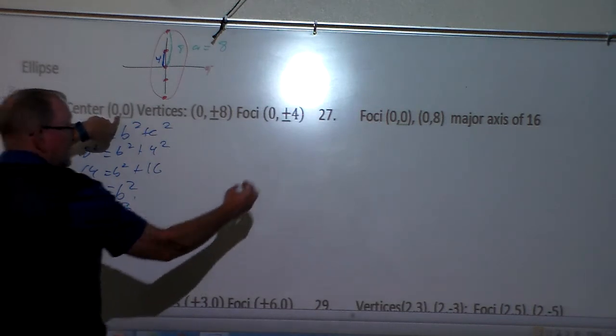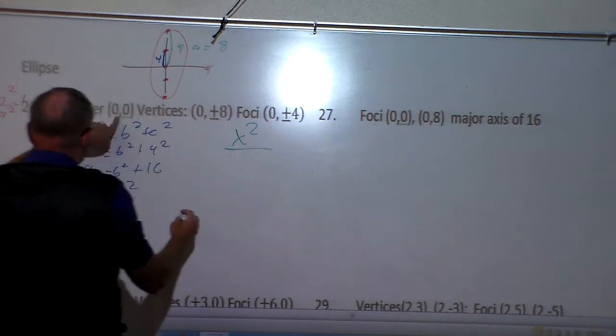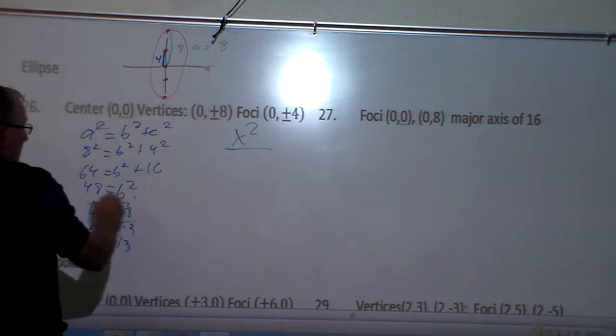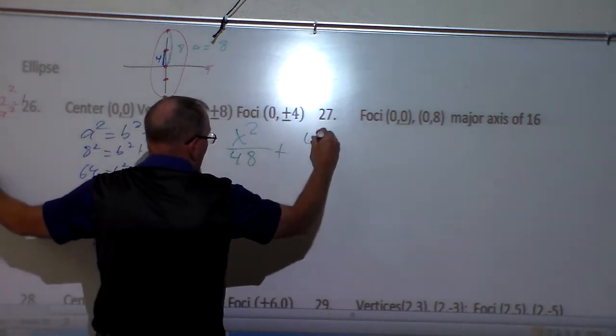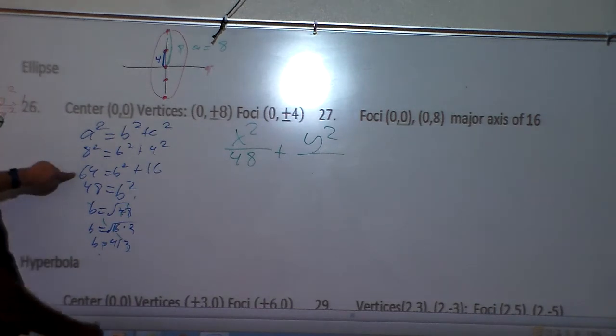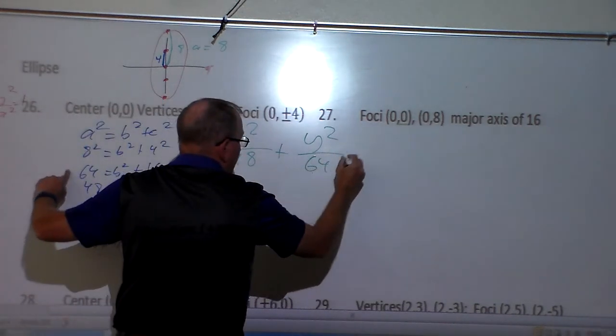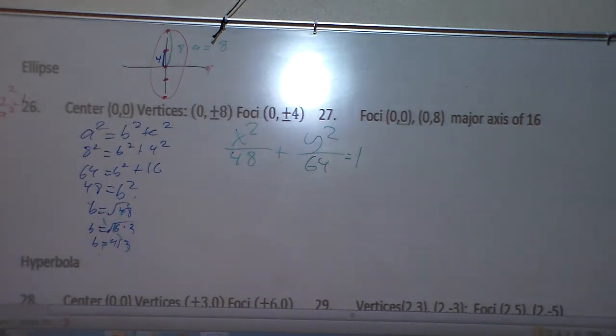So there's no H or K, so it's going to be X squared over B squared, which is 48, plus Y squared over A squared. A squared we know is 64, and it equals 1. There's my standard equation for this particular one.